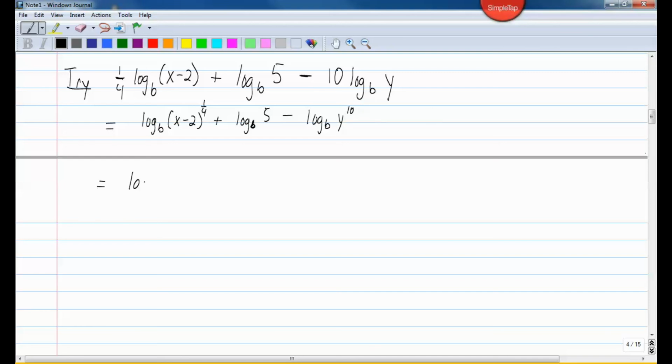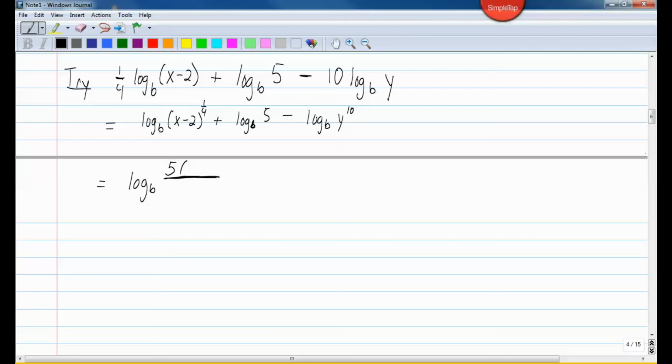Now, I want to make one logarithm. Alright, and I'm going to make a fraction because I do have some positive and negative logarithms here. All of the positive ones, I'm going to put all of those values in the numerator. So I have two. I have this one here, and I have this one here. I'm going to write the 5 first, just because that's usually what we do. Usually, if we have a constant, we write it first.